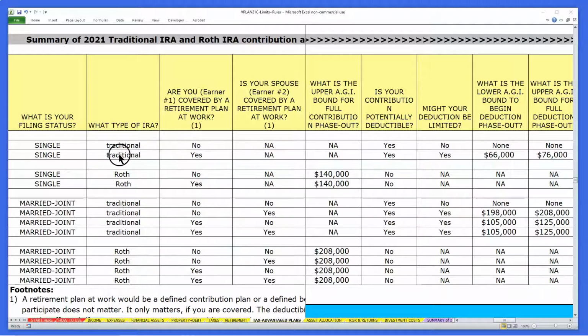In this case, if they made a contribution to a traditional IRA, but their adjusted gross income exceeded $76,000, this means that above $76,000, this single person could not take a tax deduction. Therefore, that means that they would have a tax basis in the contribution they made to the traditional account.